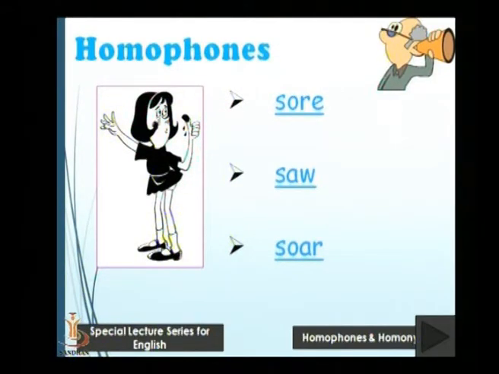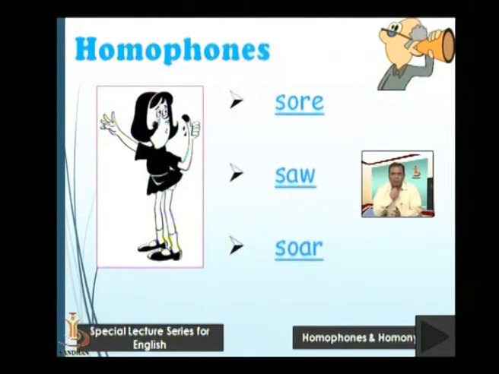Now let us see certain words, some more examples, very interesting ones. Sore, saw and soar. When you say my throat is not good, I can't sing, my throat is sore today, S-O-R-E, then you are referring to a bad throat. When we say sore, S-O-R-E, then R almost remains silent.